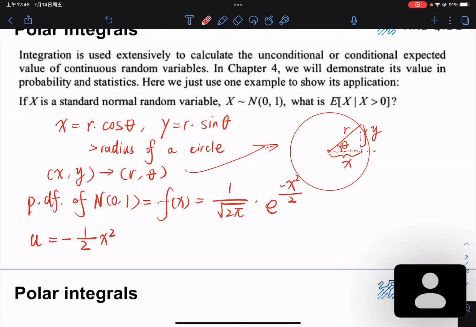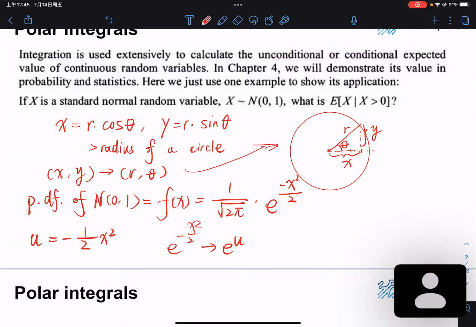What is going to happen? We can replace this part as e to the u, right?